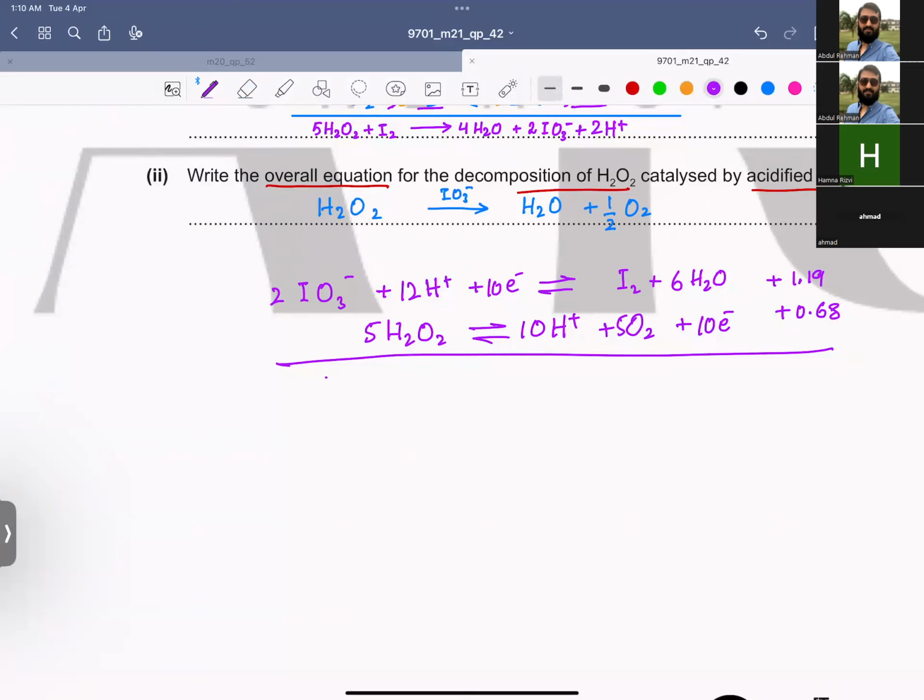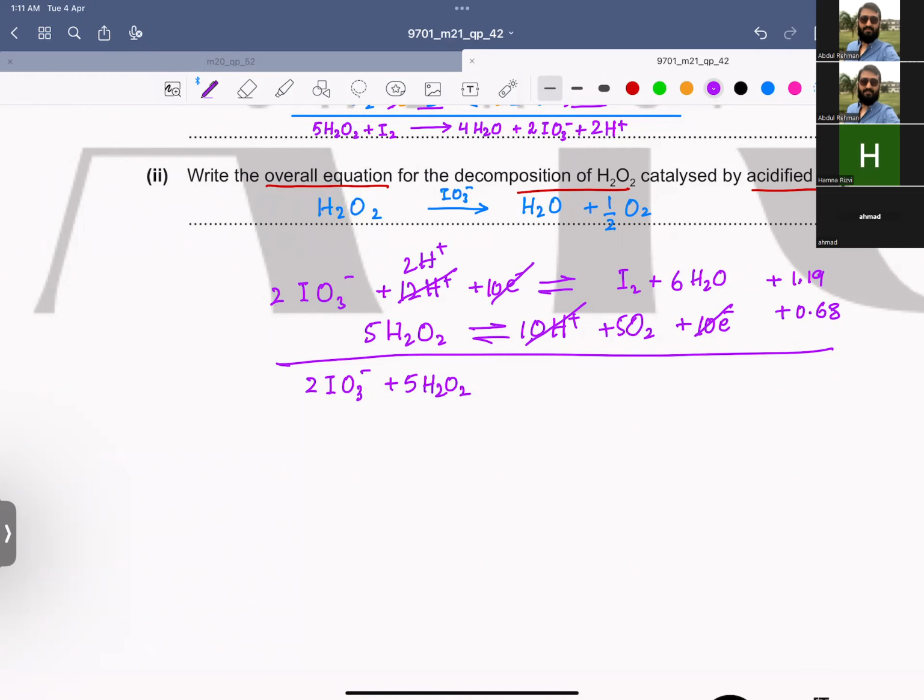So if you see, 2 moles of iodate react with 5H2O2, forming, one minute, let me cancel the electrons, 10 and 2H positive are left over here, and that's it.